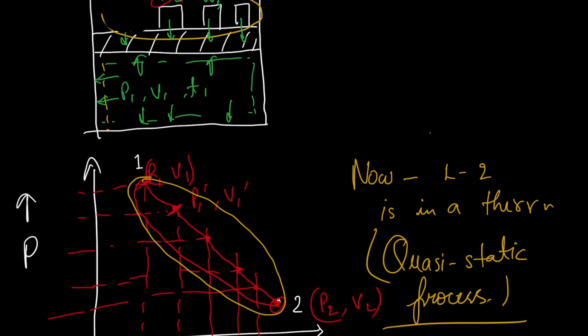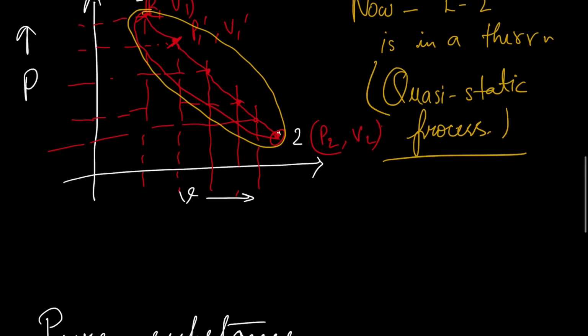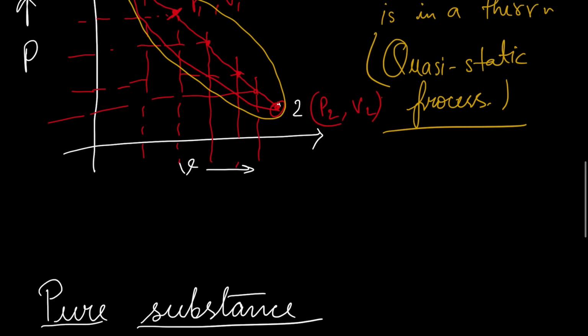Now, why do we study a quasi-static process? Why is it important for us to know what a quasi-static process is? Because as we move ahead in our chapters, we will talk about reversible processes and irreversible processes. There are assumptions made, theorems which are derived.